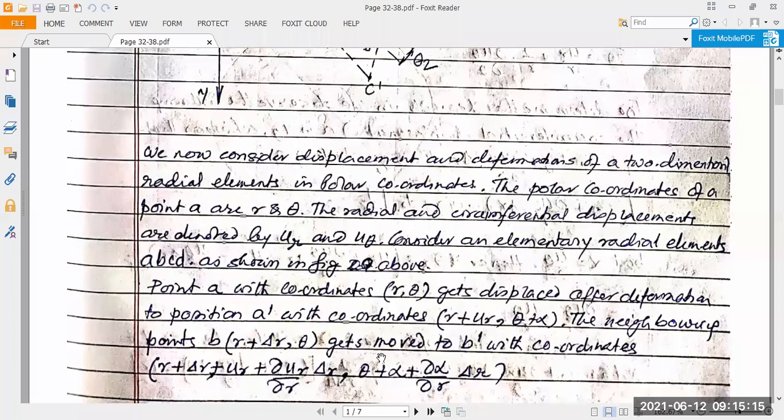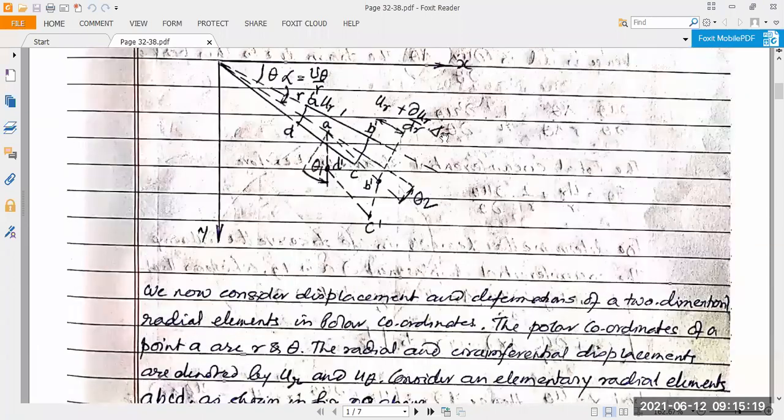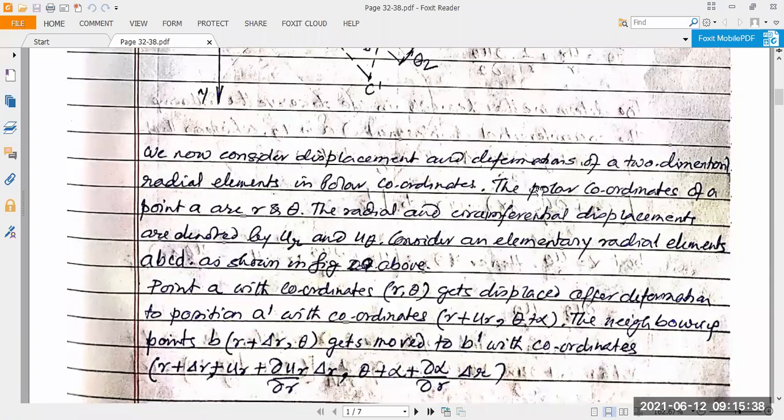Next we have the neighboring point B. Where is it here? What should be its radial distance? Radial distance already, up to the point A, is given by r. So we can say that the distance from A to B is equal to delta r, and the point B is at r plus delta r.